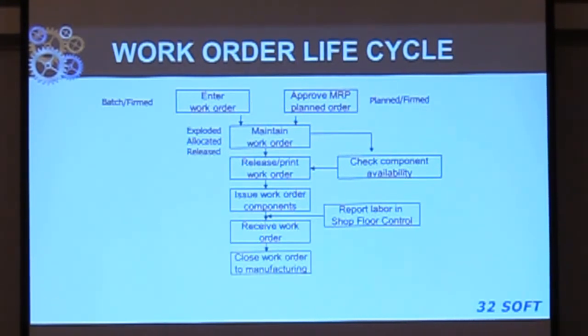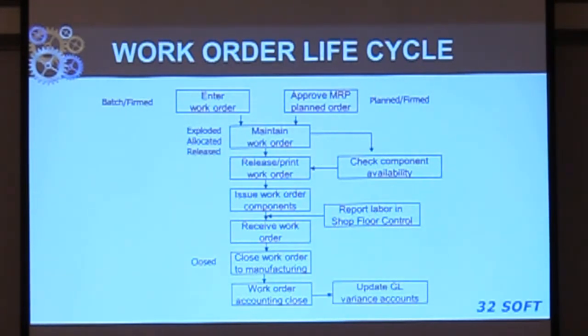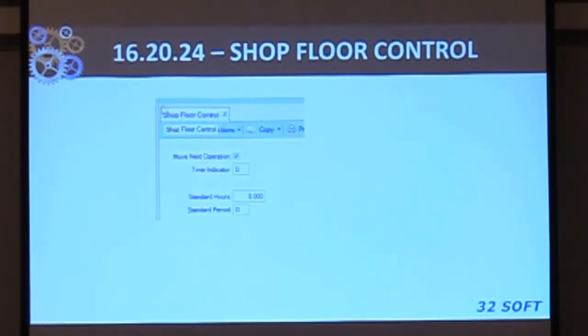And you do that by closing the work order, either in 16.11, or I've actually seen some more progressive planning departments use 16.1, the checkbox closed. So you only close it after the variances have been analyzed. So you close it, then you go through 16.20 or 16.21 work order accounting close, and then that drives the values into the general ledger.